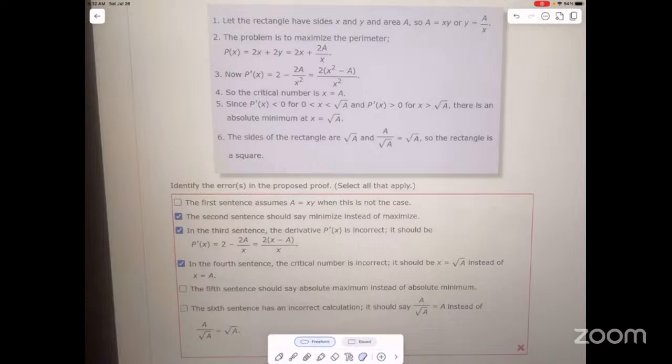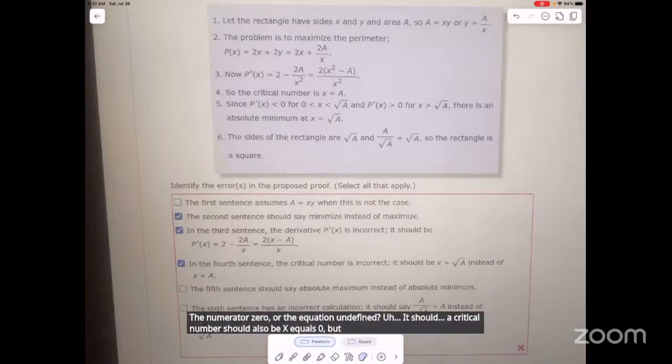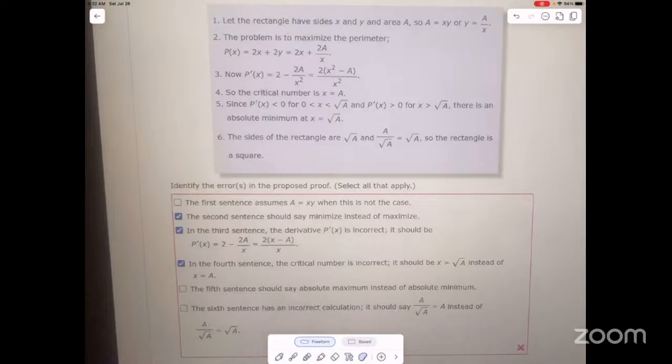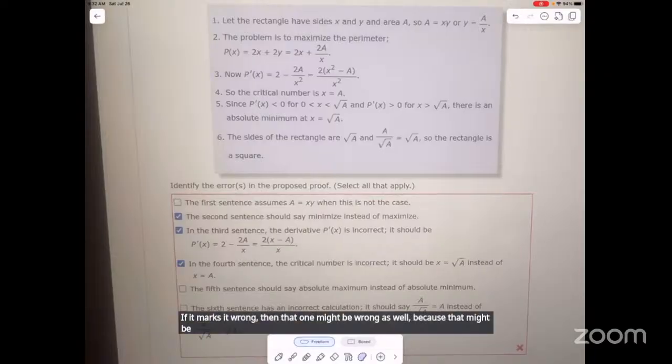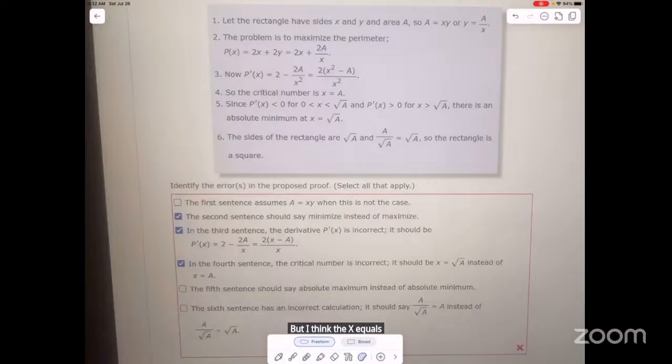A critical number should also be x equals 0, but maybe in the context of the problem, that's why they're not considering that one. If it marks it wrong, then that one might be wrong as well, because that might be missing a critical number. But I think x equals 0 doesn't make sense in the context of the problem, so that one might be thrown out.